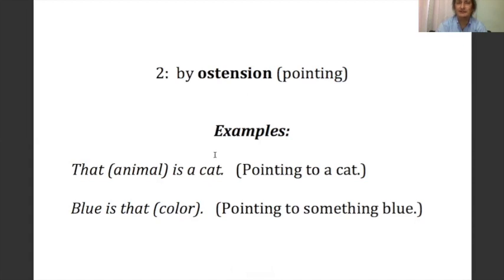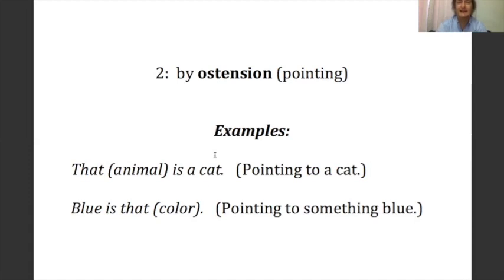What if a child learning a language for the very first time, at a very young age of maybe 1 year old, sees a cat? Mother says, look, a cat.